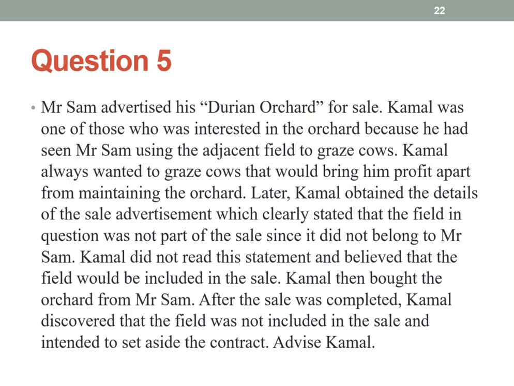So what happened over here is, there was a piece of land. And this land can be divided into two parts. One part had durians, it was a durian plantation. And the other one was used to keep cows. All right?